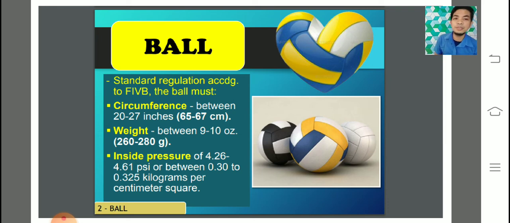How about the inside pressure? O yung laman ng bola, yung dami ng hangin. Okay, it should be 4.26 to 4.61 PSI. Okay, so pound per square inch ay 4.26 to 4.68 PSI.